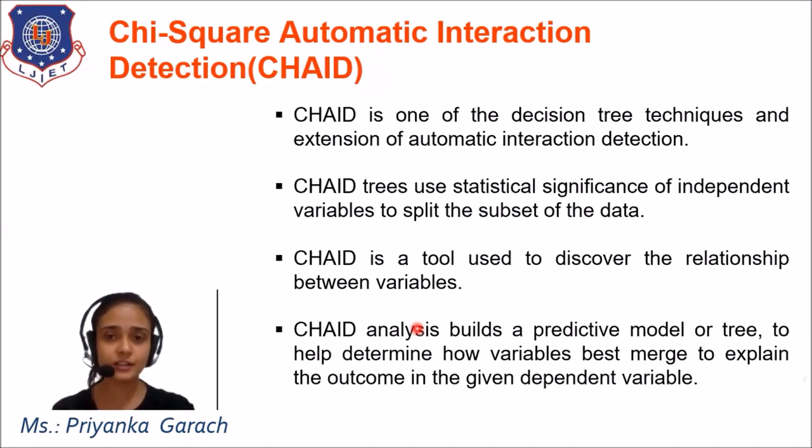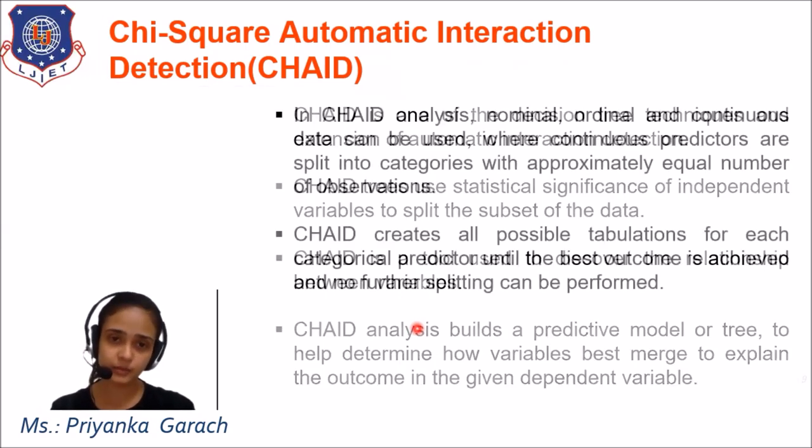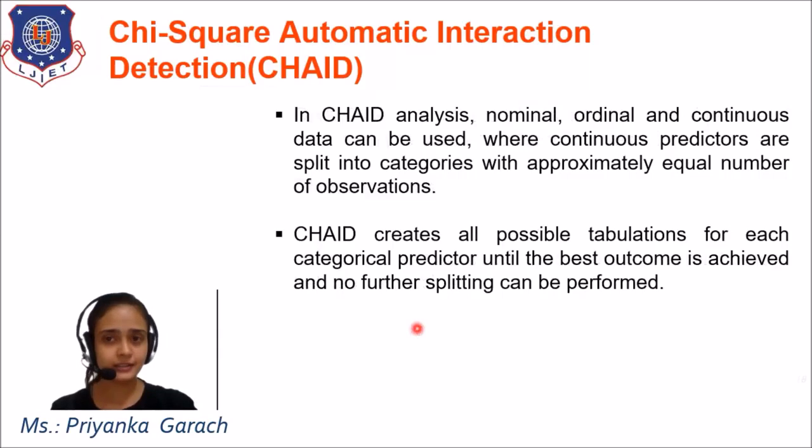CHAID trees use the statistical significance of independent variables to split the subset of the data. So CHAID is a tool used to discover the relationship between variables. In CHAID analysis, nominal, ordinal, and continuous data can be used, where continuous predictors are split into categories with approximately equal numbers of observations.